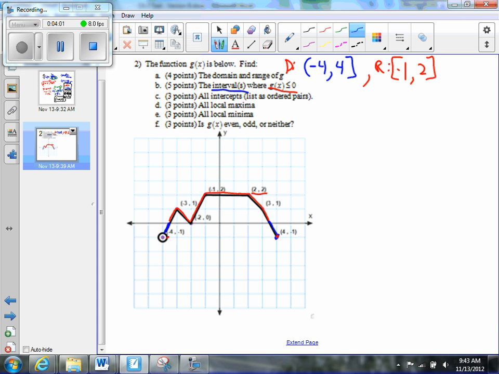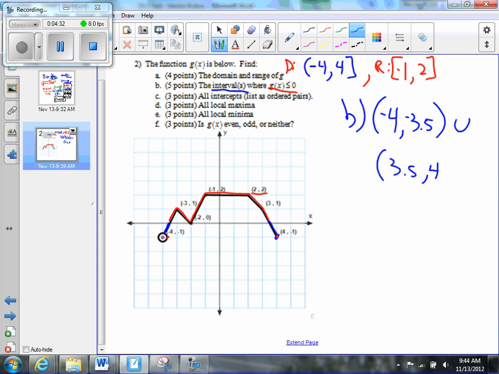All right. So the answer to this one was this interval right here. On B, the answer was from the interval -4, which is not included because it's not part of my function, all the way to about -3.5. And then a union, I come back over to +3.5 to 4.